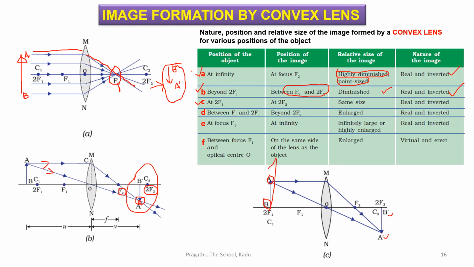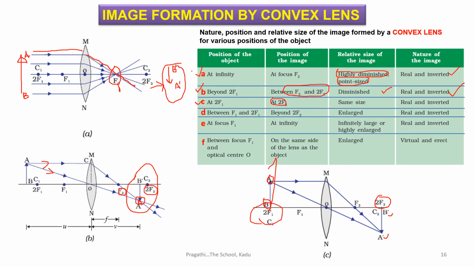Here the arrow head should come and complete the arrow A dash B dash. So where is the image formed? The image is formed at 2F2. Where is the object kept? The object is kept at 2F1. Clear?